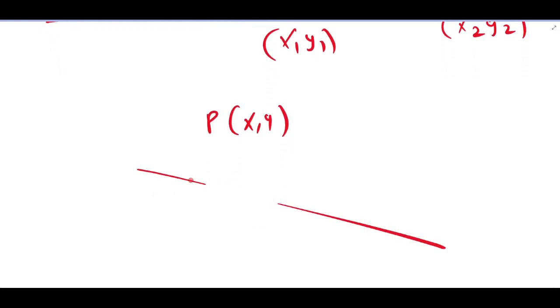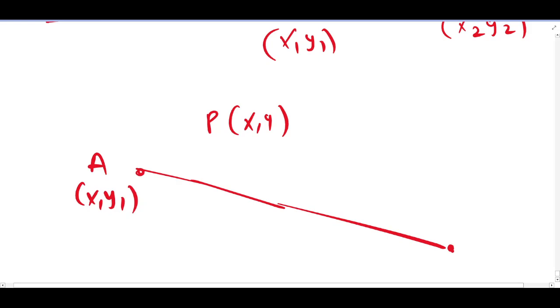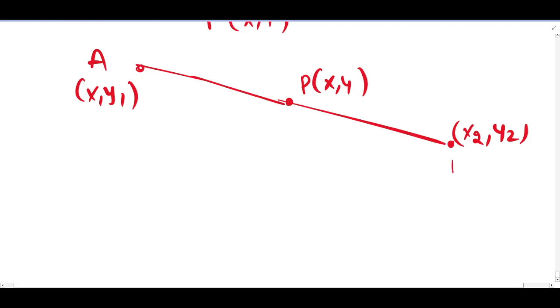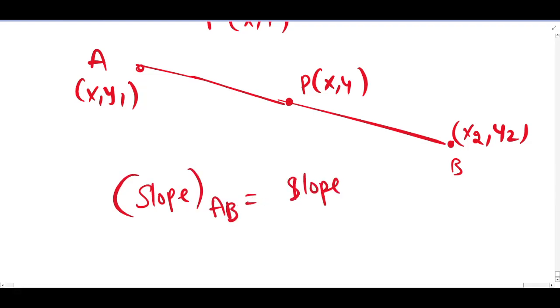Suppose this is A (x1, y1) and this is B (x2, y2), and there is a random point P (x, y). So the slope of AB is equal to slope of AP is equal to slope of BP.